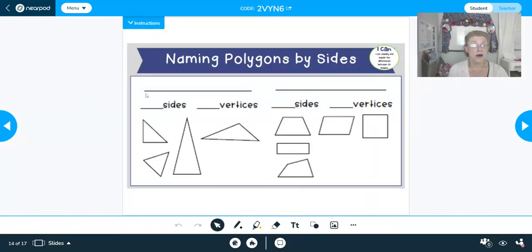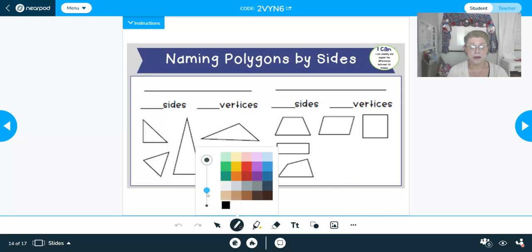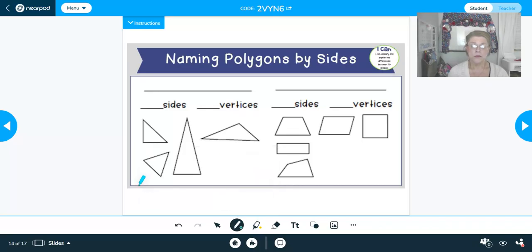So what are we doing? You're going to first identify the sides of the shape. So let's look at the first one. How many sides does the shape have? 1, 2, 3. That's 3 sides.